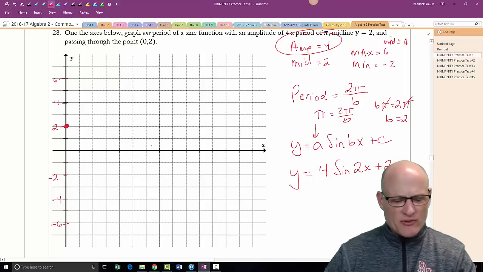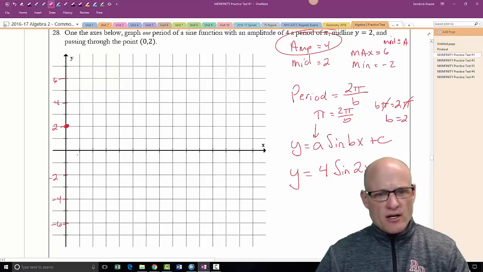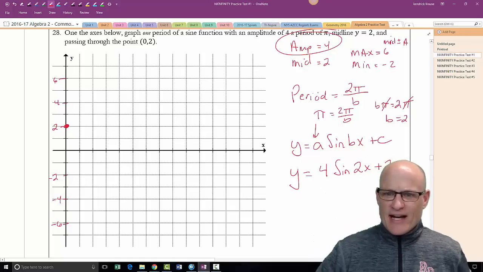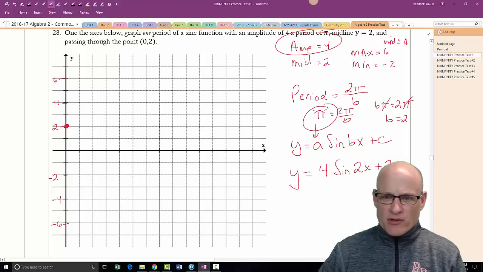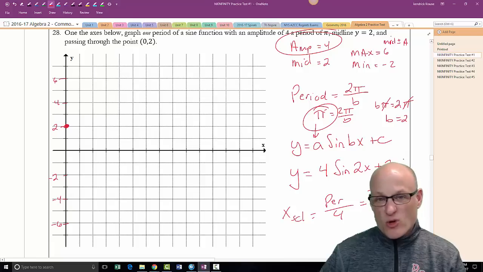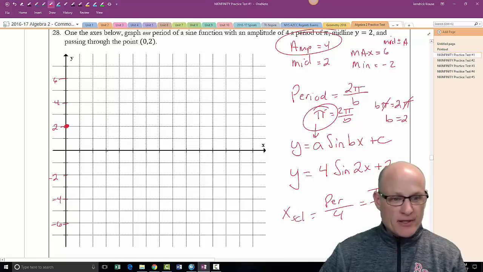Now I got to come up with a scale for the x-axis here. So let's see what I'm going to do. If I got to get the pi, this is my period. I always do x scale is equal to period divided by 4. In this case, pi over 4, because that gives me my 4 zeros. So I'm going to just make every 3 of these. It doesn't matter. Pi over 4.